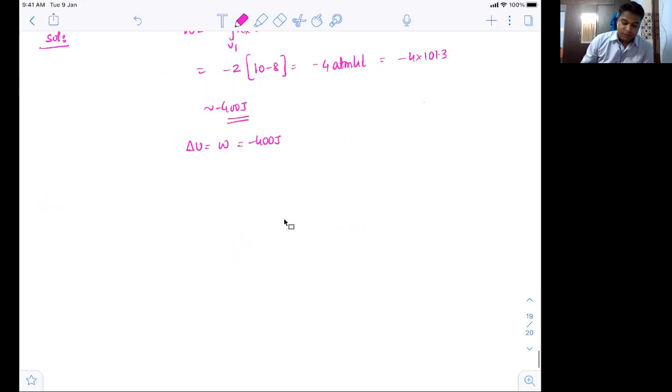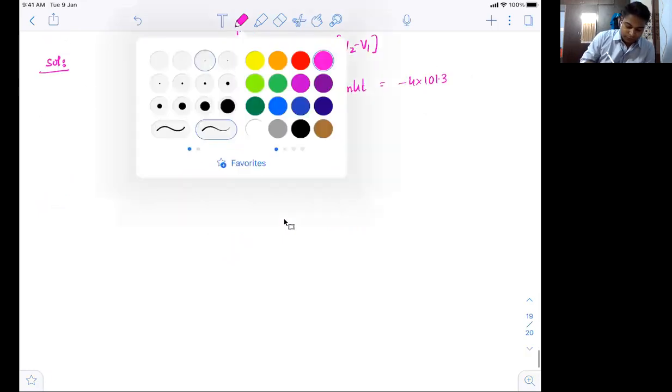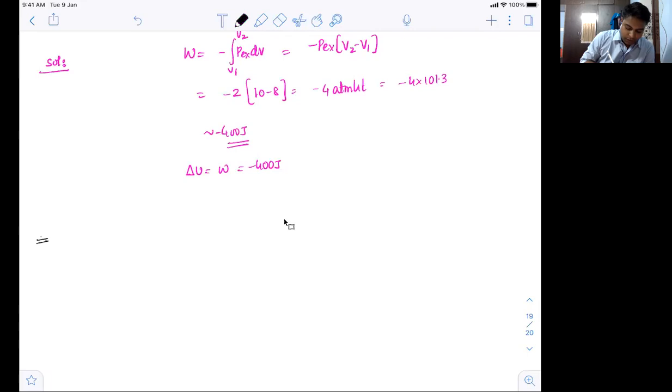Now let us try the next one. Suppose I give you 1 mole of non-linear triatomic ideal gas subjected to adiabatic compression.